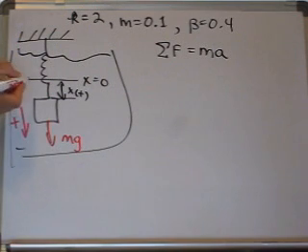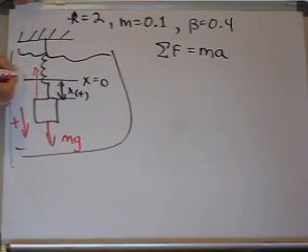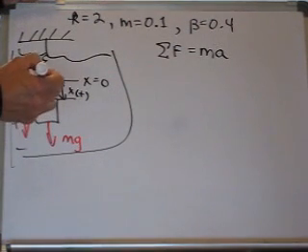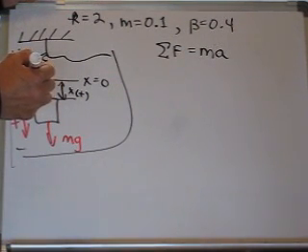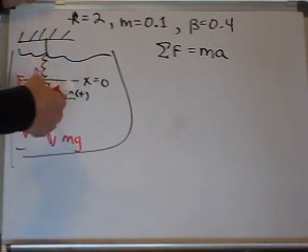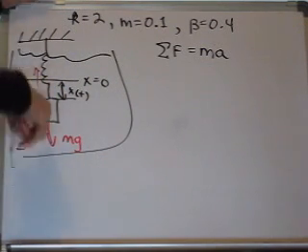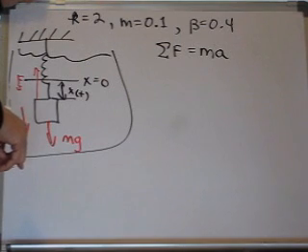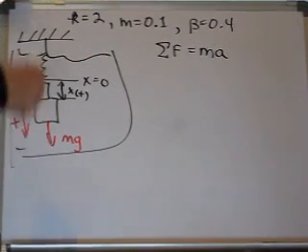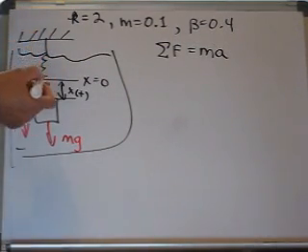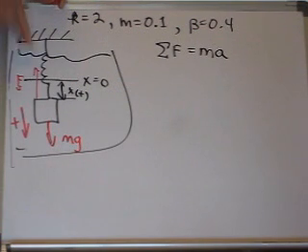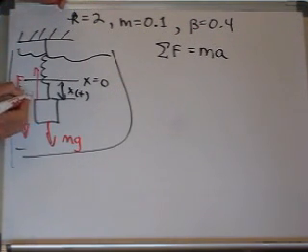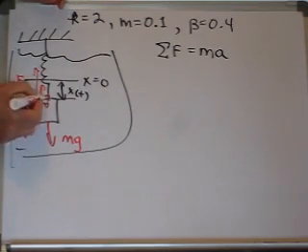And then we have the spring force acting upward, F sub s. And we also have the damping force of the fluid. The damping force is going to act in a direction that is opposing the motion of the object. So if this object is moving down, the damping force is going to be pulling it up, pushing against it in the upward direction.